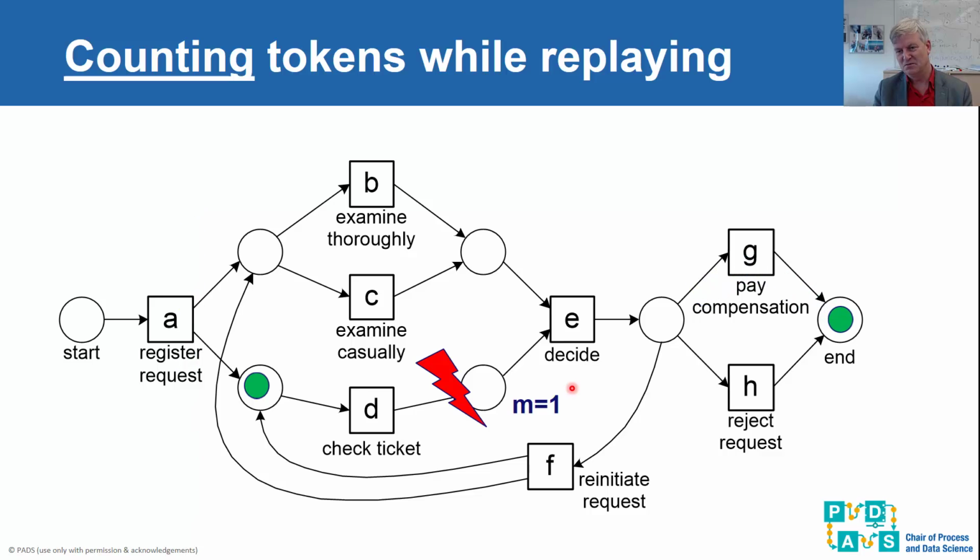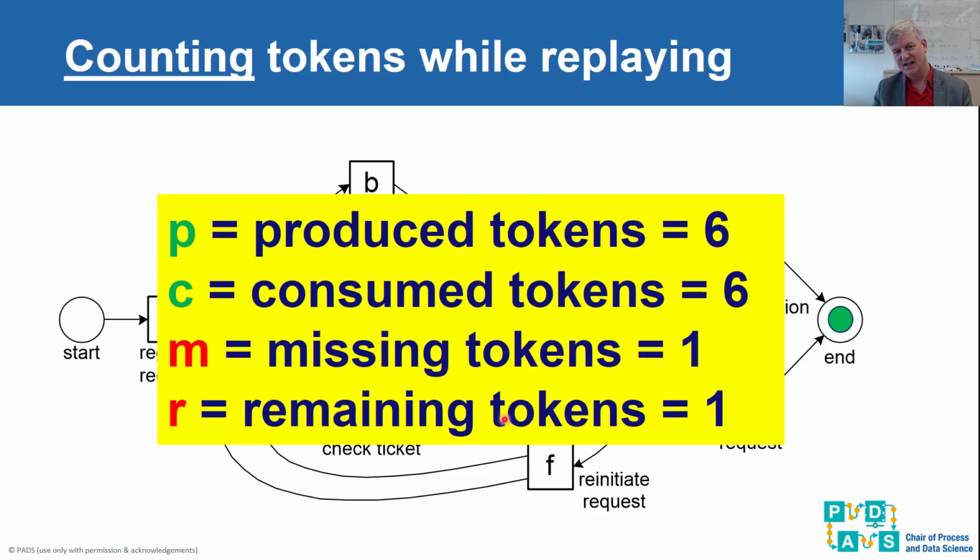So we consume one token and produce one token. What we see is that the token is remaining here. So we have a remaining token, we have a missing token. And if you, let's say, replay this complete game, I will be more precise about this later, then we can count produced, consumed, missing and remaining tokens.